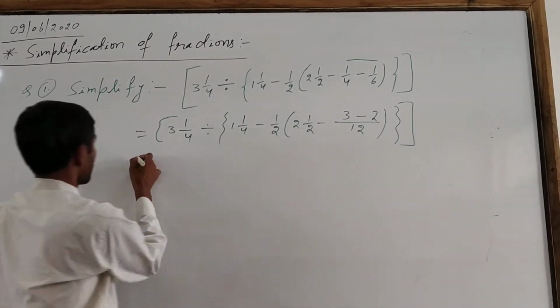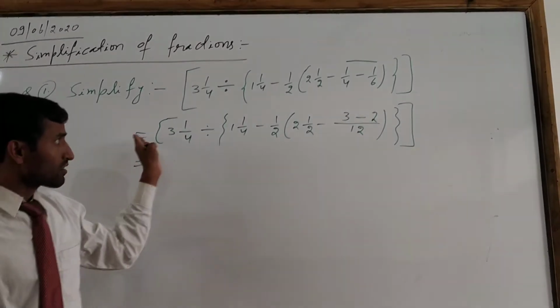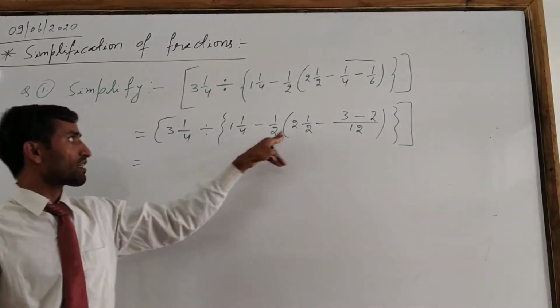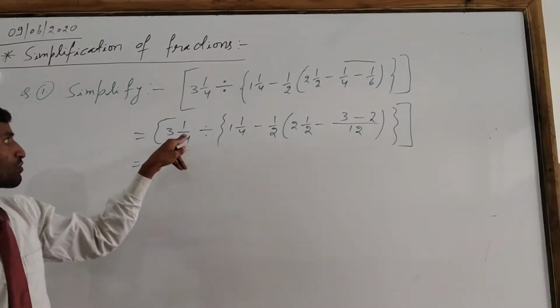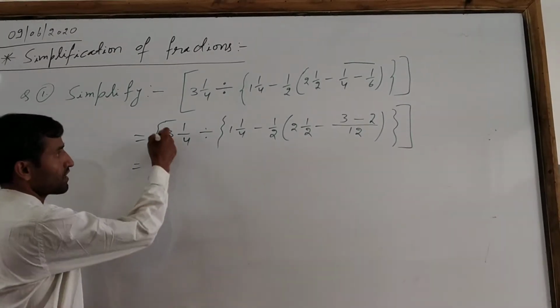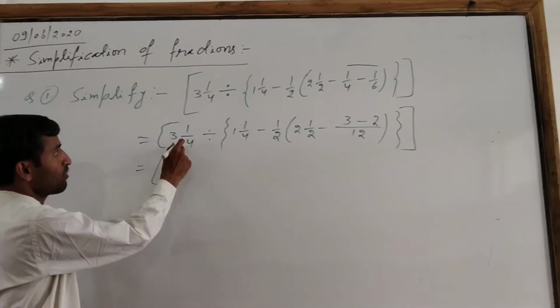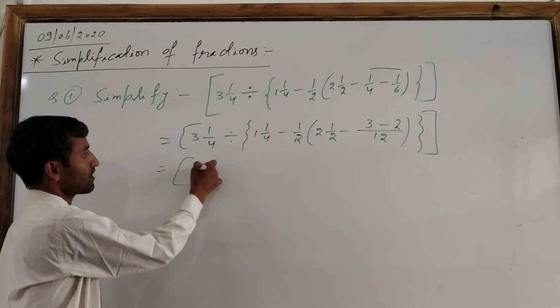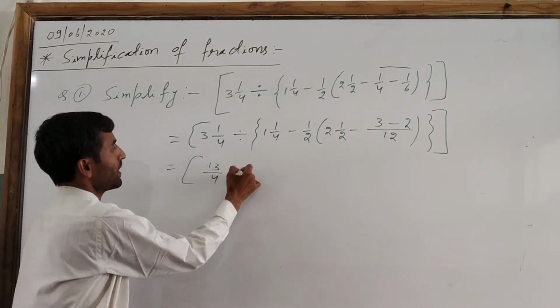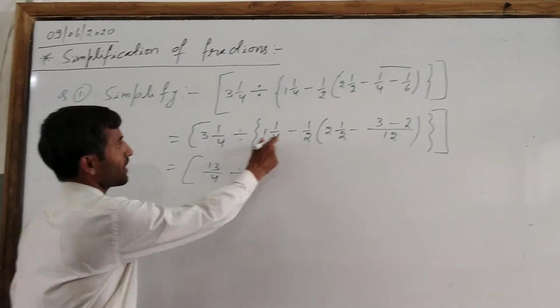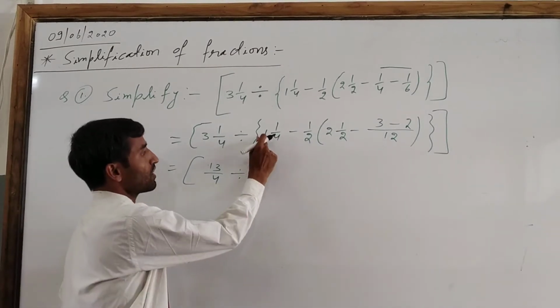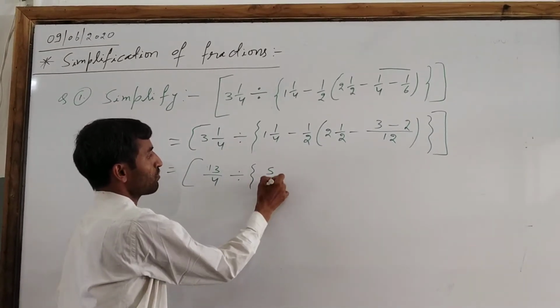In the next step, within this, remove the mixed fractions also. Write down everything else as it is, the whole statement is the same. Just remove this mixed fraction: 4 3s are 12, 12 plus 1, 13 upon 4. Divide curly bracket. Again remove this mixed fraction: 4 1s are 4 plus 1, 5 upon 4.